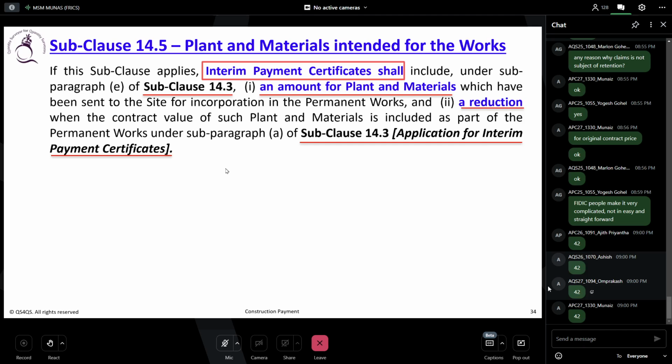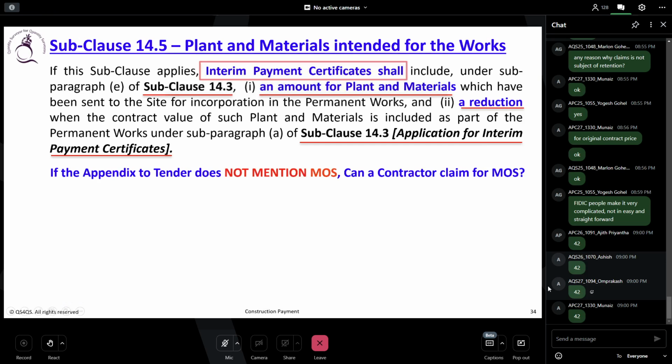This is not connected with any other subclause under the payment. It's an independent subclause. Sometimes if material on site or off site is not applicable, then this subclause no longer works for you. Do you understand? In the second paragraph, if the appendix to tender does not mention the MOS, that means material on site or off site, can the contractor claim for material on site or off site?